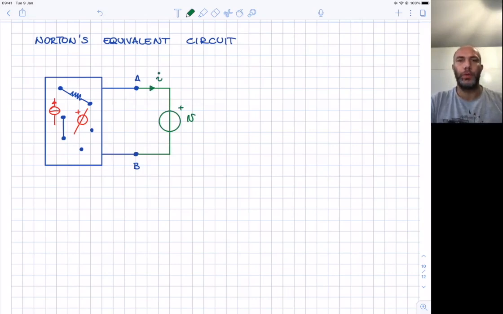that is supplied by the two-terminal component, and then applying superposition we can try to find out a relation between the voltage and the current.